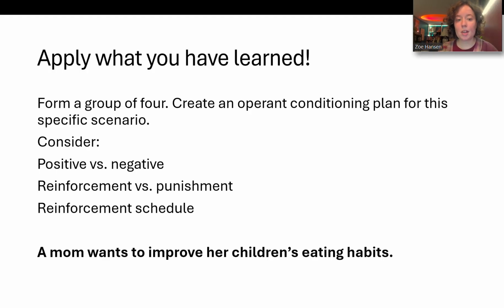So when creating this operant conditioning plan, you should consider whether or not you want it to involve positive or negative elements, and whether or not you want it to reinforce a desired behavior versus punish an undesired behavior, and also what schedule you want this reinforcement to be on. I'll give you 5 minutes to come up with this plan. We're going to come together and share our responses and decide which one we like the most.